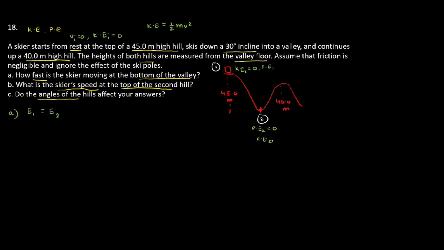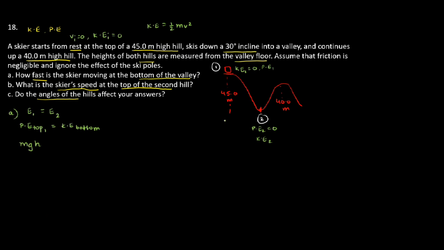So potential energy at the top of the first hill is equal to kinetic energy at the bottom of the first hill. Let's write the expression for these two to solve our problem. Potential energy is mgh.